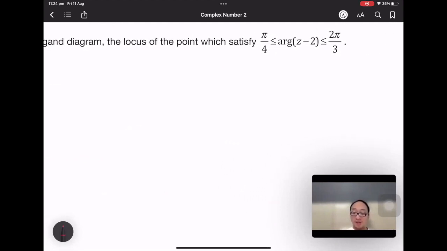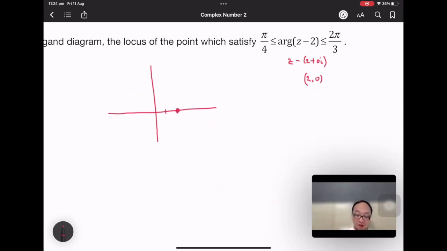That's number 2. And the last one, illustrate on a diagram the locus of points which satisfy the argument. So this is the argument starting from z minus 2 plus 0i. So the coordinate will be 2, 0. So we draw 1, 2.